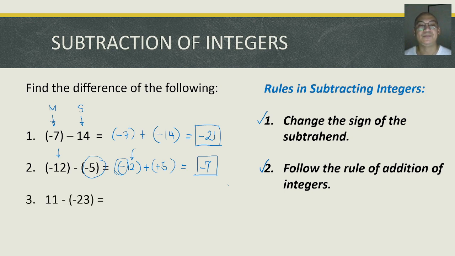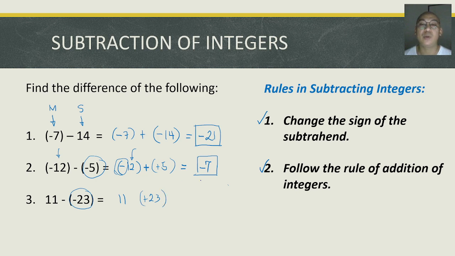Number 3, 11 minus -23. So let us follow the rules in subtracting integers. First, the minuend will still have the same sign. Change the sign of the subtrahend from -23, that will become +23.